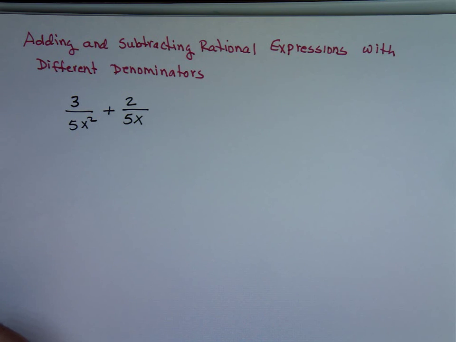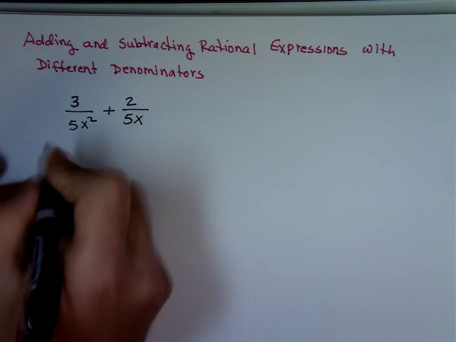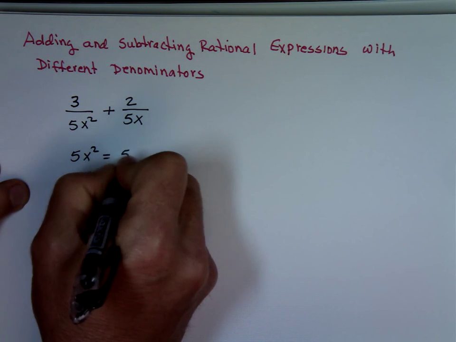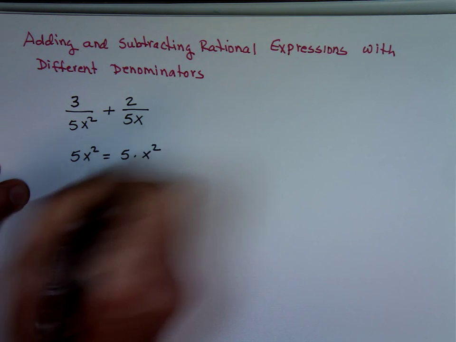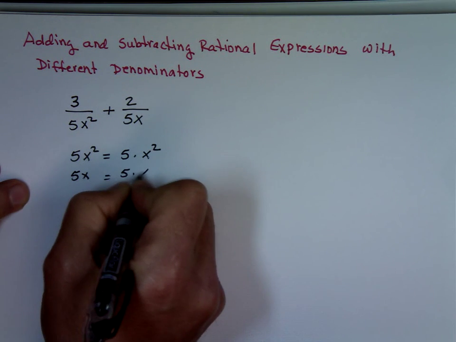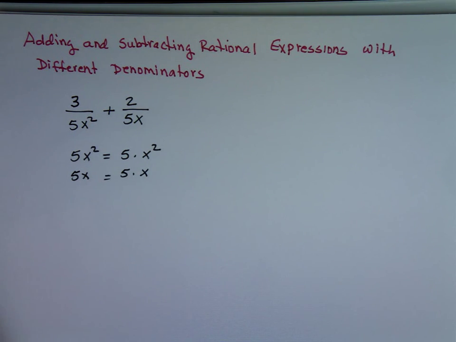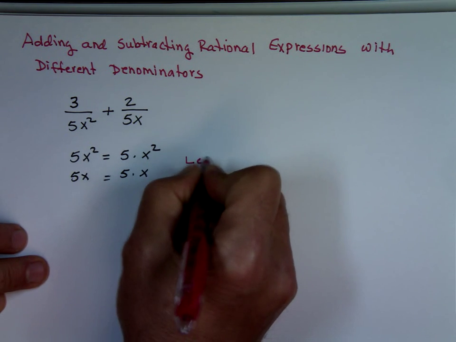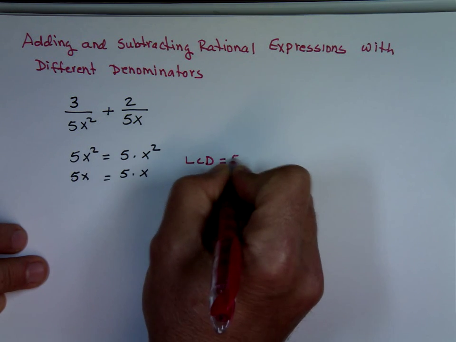When you look at the 5x squared, that's 5 times x squared, and the 5x, it's 5 times x. So my LCD, just like in the previous half, just 2 minutes ago, it's the multiplication of all the different factors, each of them raised to its highest power.